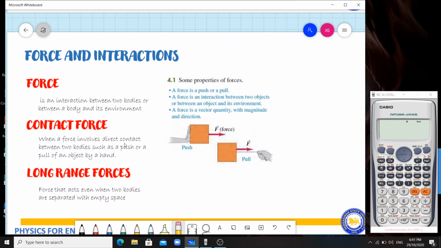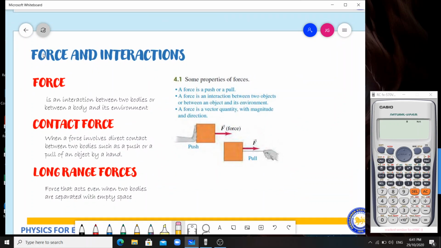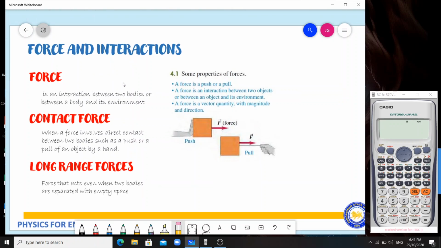In this topic, we will focus on force and interactions. When we say force, it is usually defined as a push or a pull. It is an interaction between two bodies or between a body and its environment. There are two types of force: the contact force and the long-range forces.